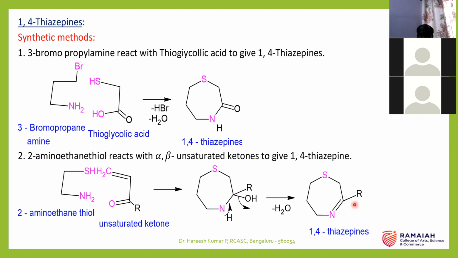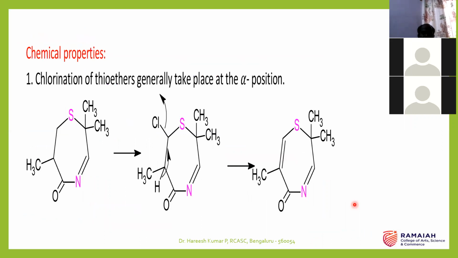With this, I will go to the next slide. The next slide is about the chemical properties, more particularly chlorination of thioethers. You know that this is a thio group. Since the adjacent positions are methyl, we can say that this may be a thioether.